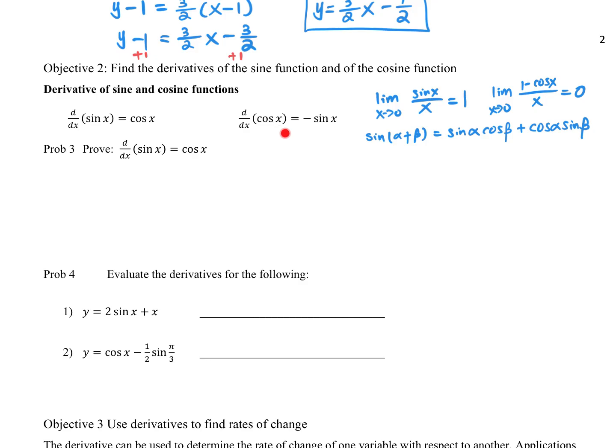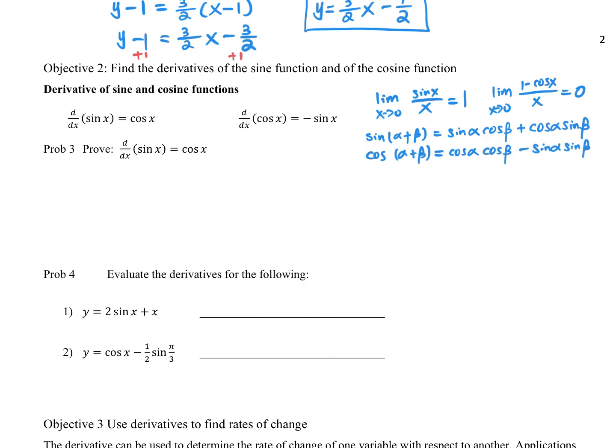If you want to do some exercise to prove the other one, this is the identity that you will find useful. It's going to be cosine of alpha plus beta is cosine alpha cosine beta minus sine alpha times sine beta.